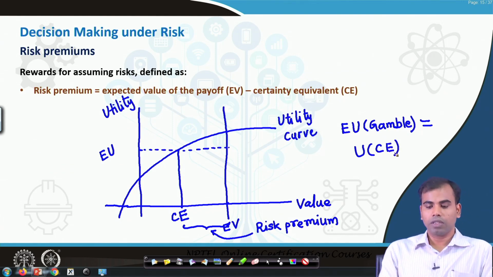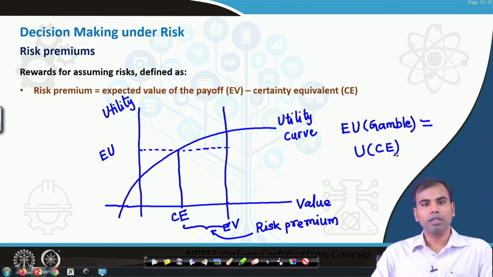This is where the relationship between the expected utility of a risky choice and the utility of a sure shot gain can be connected. So, this particular point is known as the certainty equivalent, and anything over and above this point that you are demanding is basically the risk premium for taking the additional risk in your decision making.